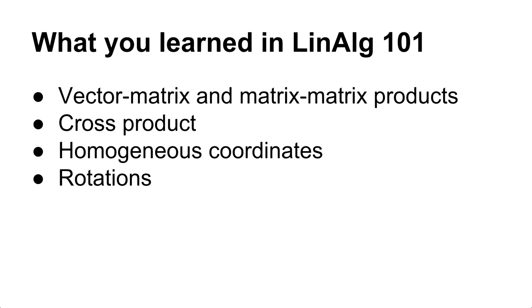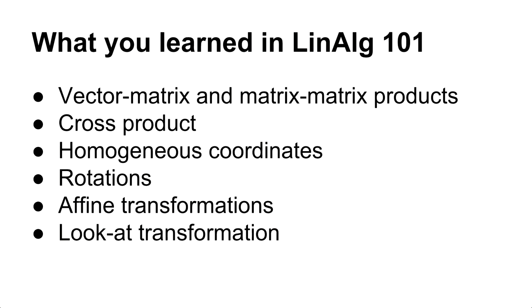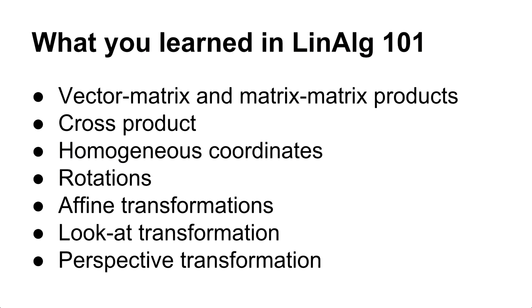You basically need, in 3D, a 3x3 matrix to have a rotation. The reason for homogeneous coordinates is that we want to have some affine transformations, which is basically the same, but we can also translate stuff. There are lookat transformations in OpenGL, so also skipping those, but we're going to extend them later.